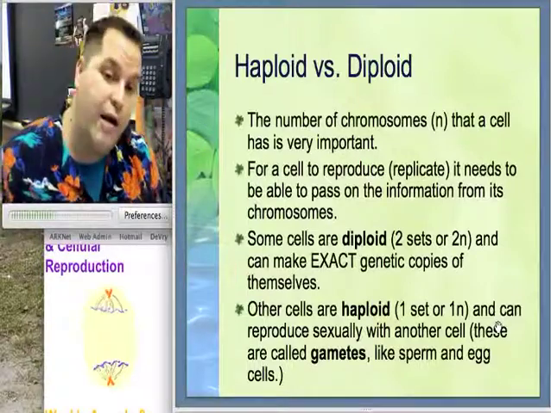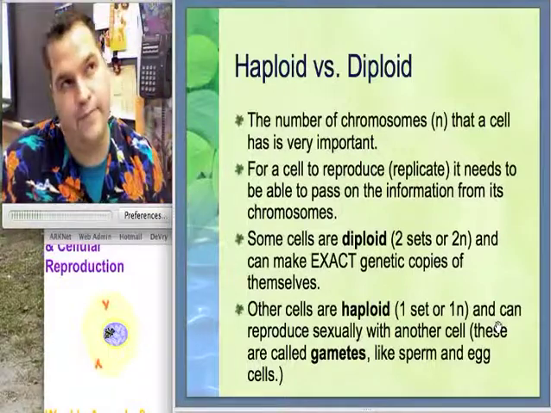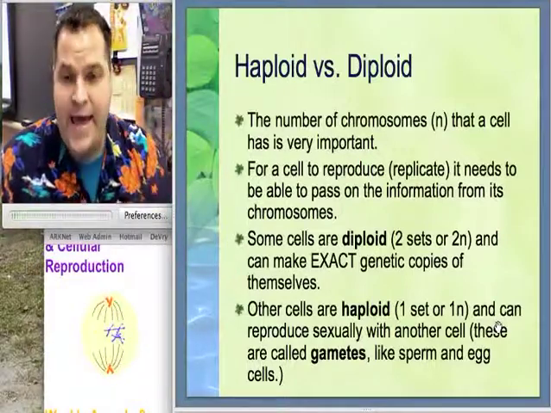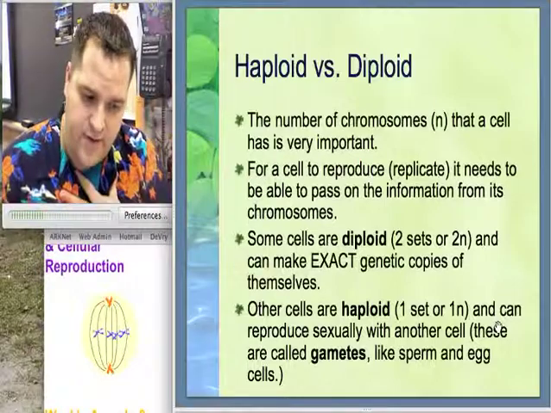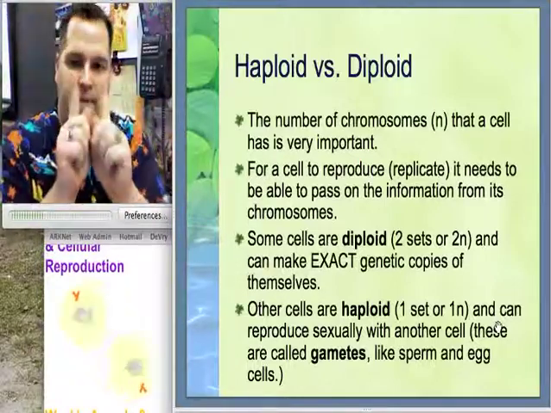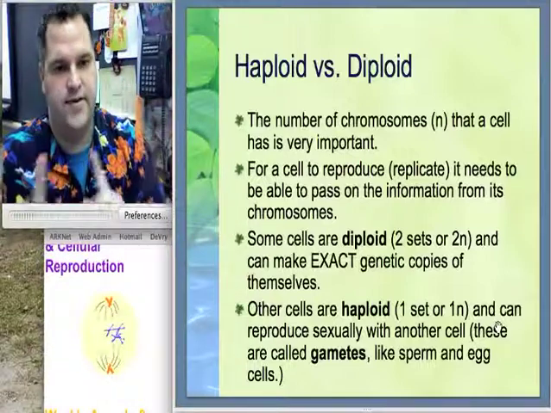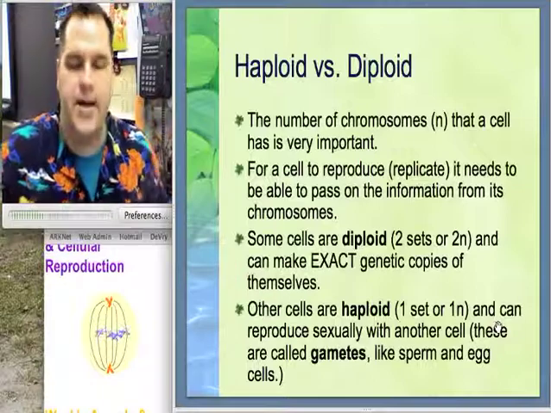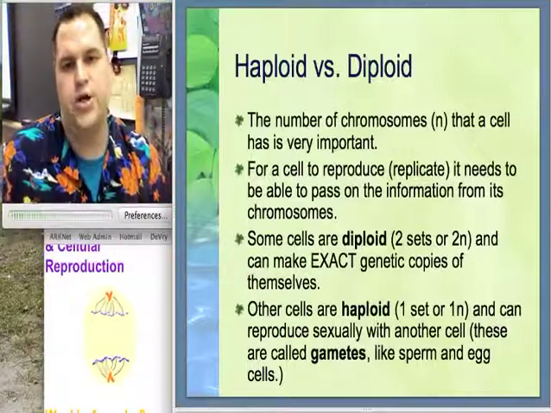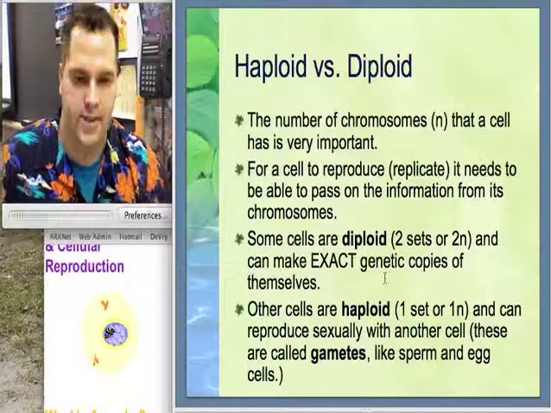If I give away all my genetic information, then I don't have any for myself, and then I'm in a bit of trouble. But if I have two copies, I can give one away and keep one for myself. That's what's called diploid. Our body cells are diploid, and we refer to them as somatic, S-O-M-A-T-I-C, somatic cells.